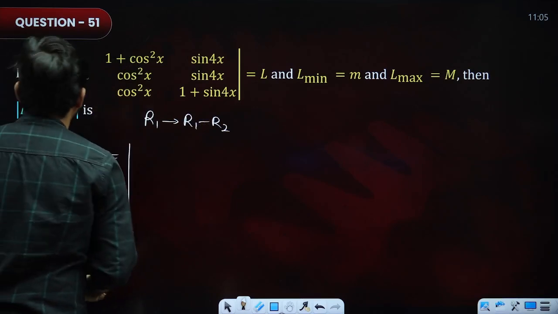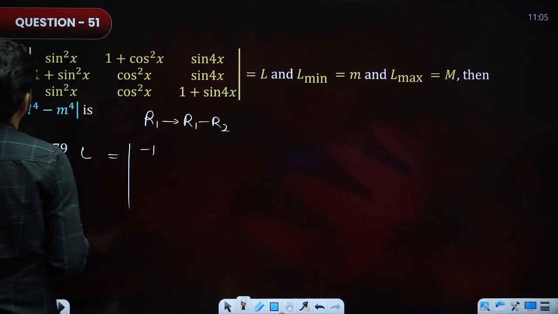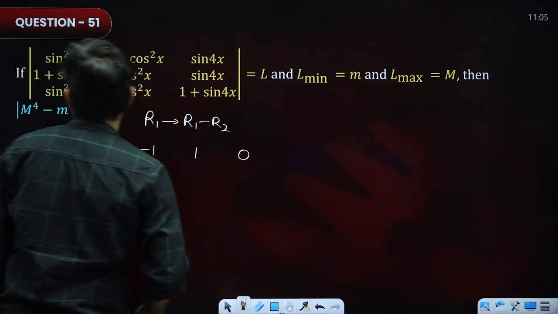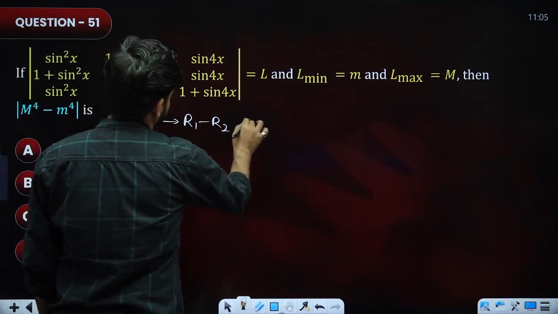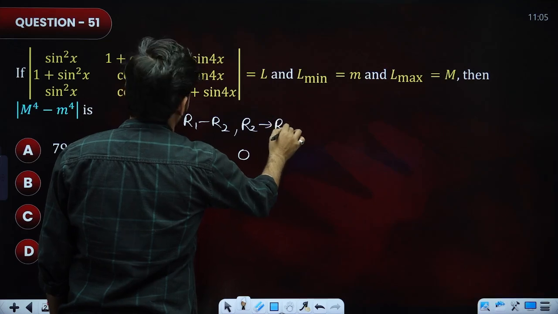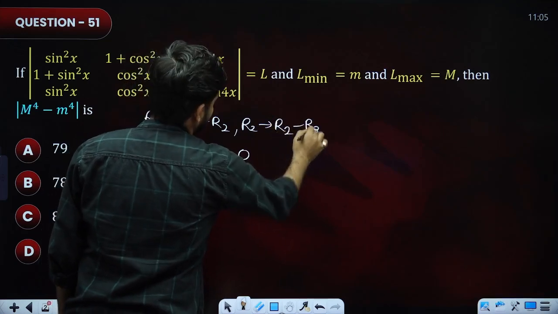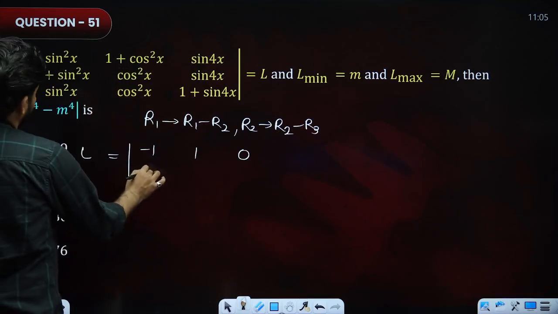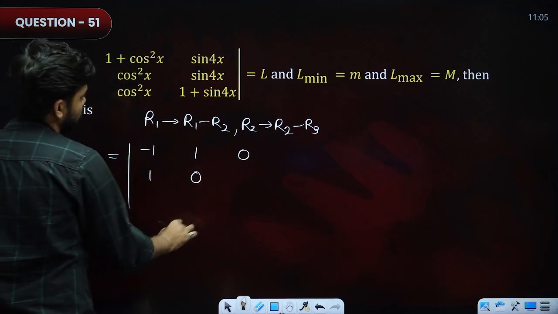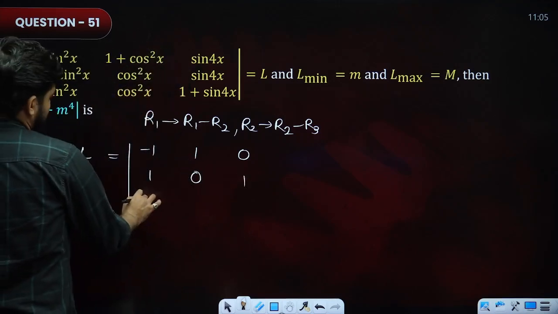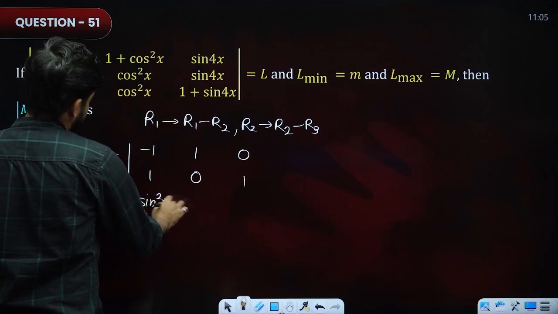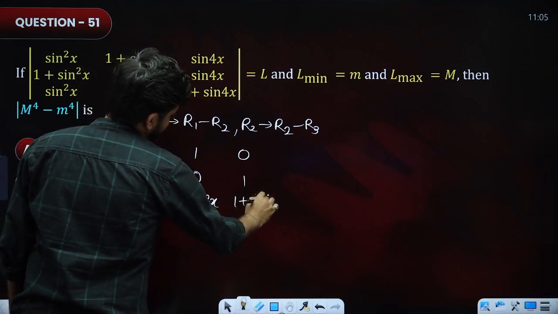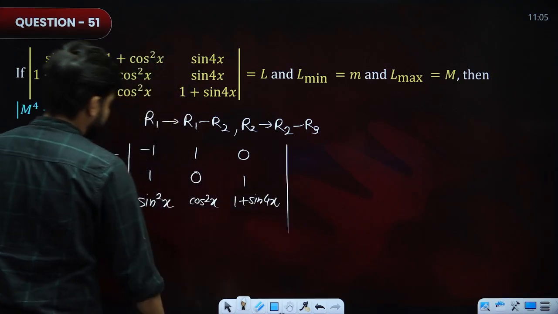So that's how we got minus 1, 1 and 0. Similarly, if I subtract row 2 from row 3, in that case we got 1 over here and 1, and we have sin square x, cos square x, 1 plus sin 4x.